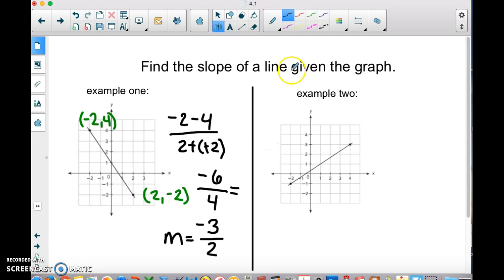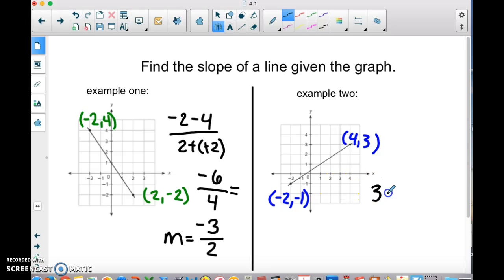And one last example. Let's label the points first. We have 4, 3, and -2, -1. Let's go ahead and plug that into our formula.